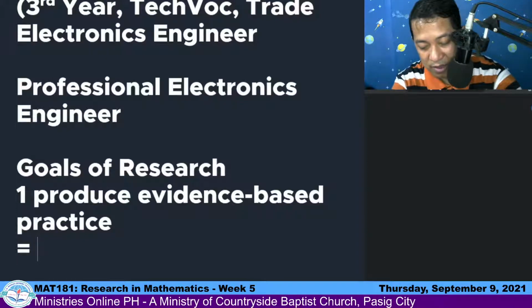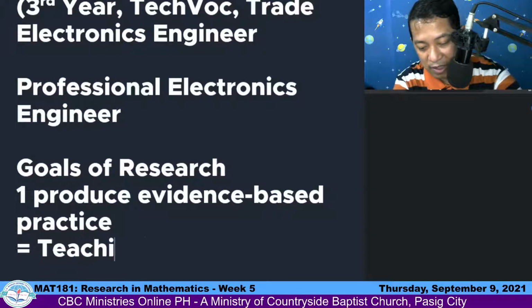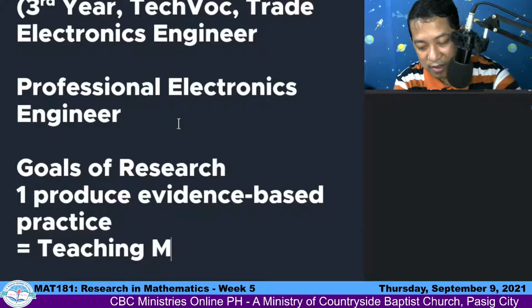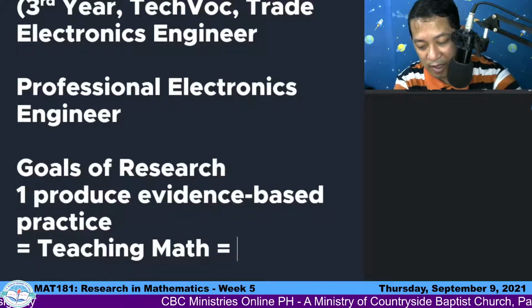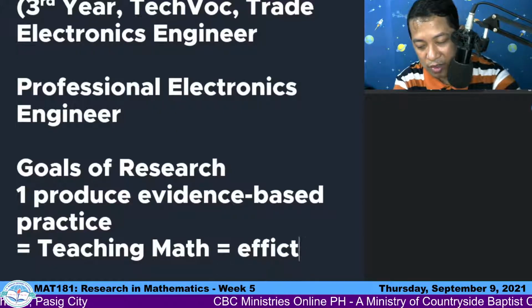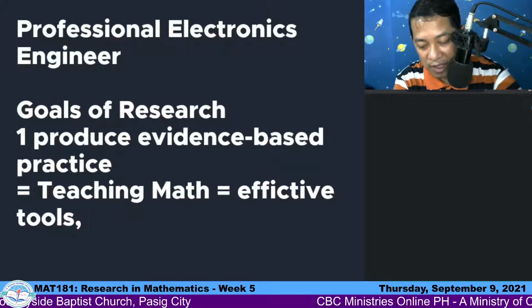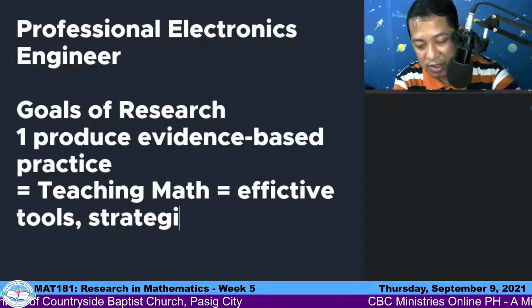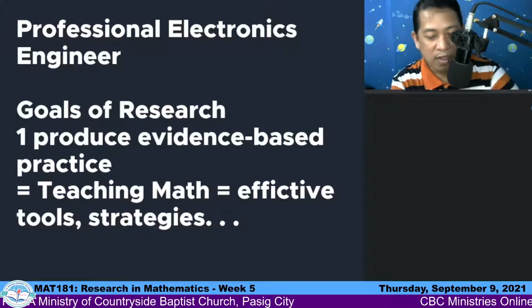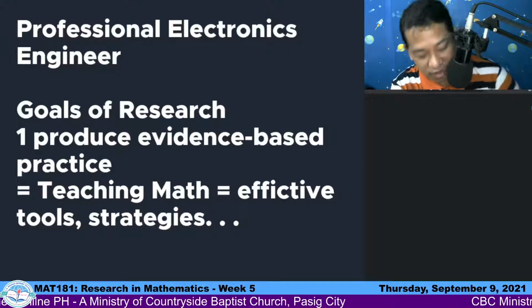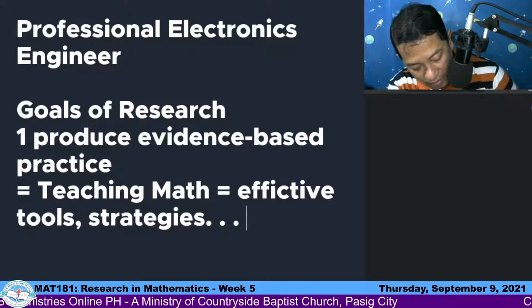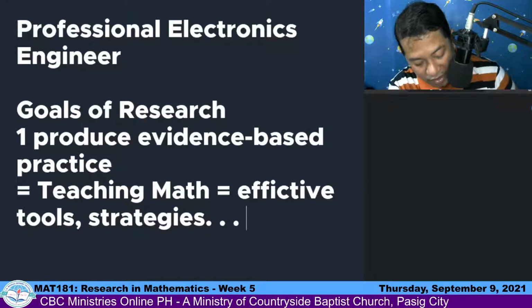Halimbawa, what are the effective tools, or perhaps strategies, teaching strategies? So all of this we could derive from research, no?